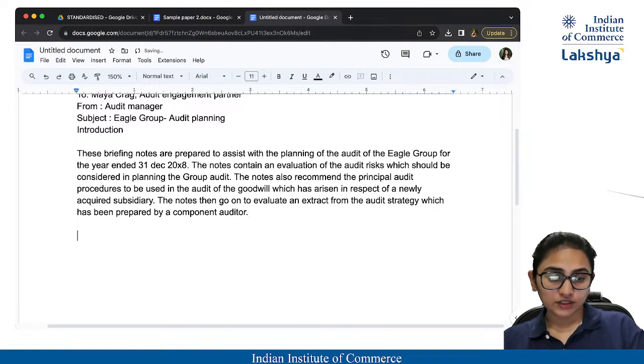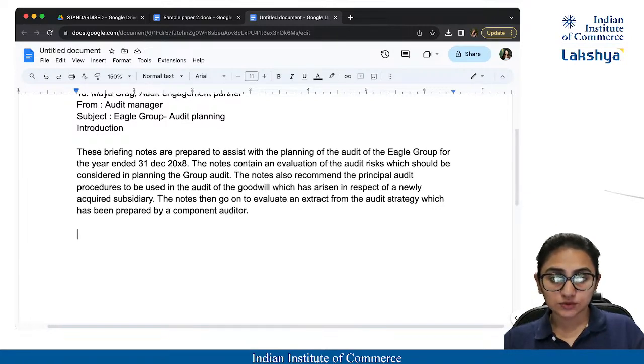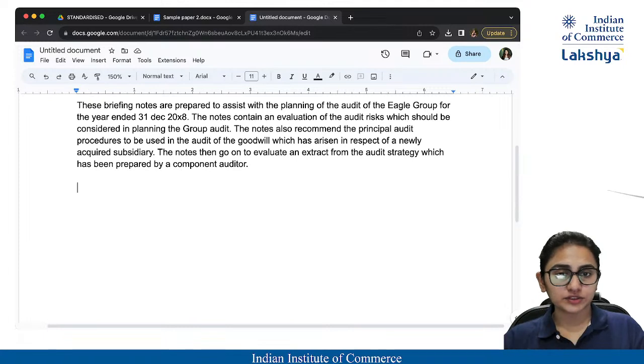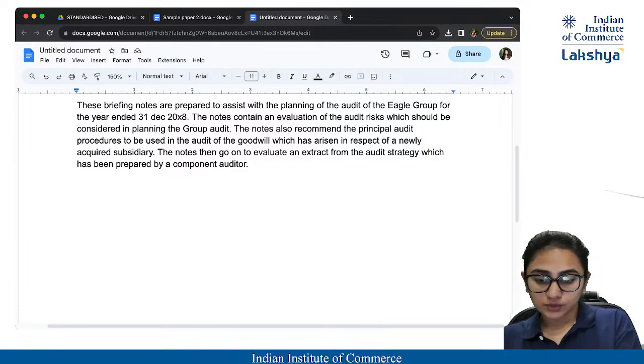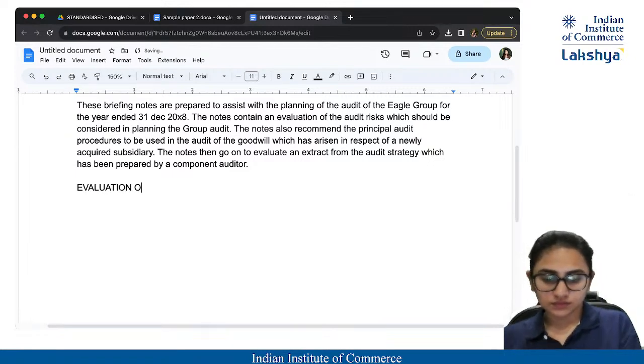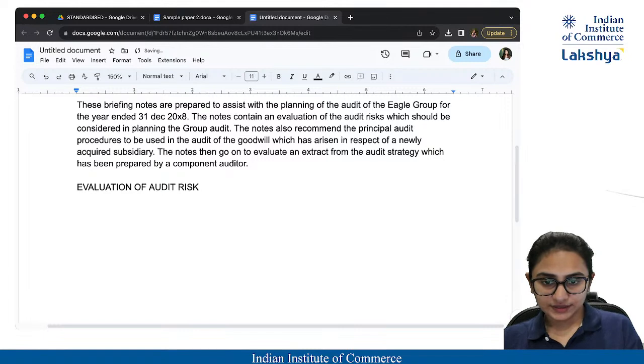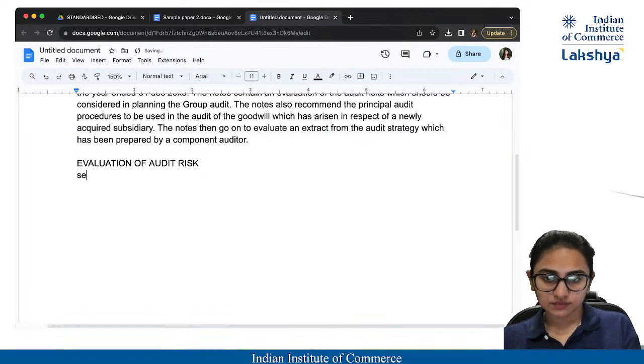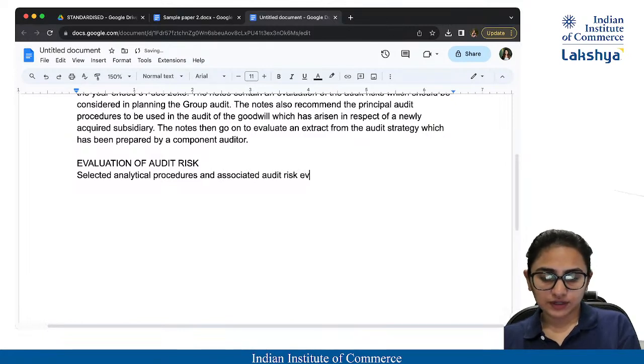Now, the first thing that they have asked you to do is the evaluation of audit risk using analytical procedures, analyzing the information between the years to check for any deviations. For that, you have to find out the ratios. So the first one we have is evaluation of audit risk, and for that selected analytical procedures and associated audit risk evaluation.